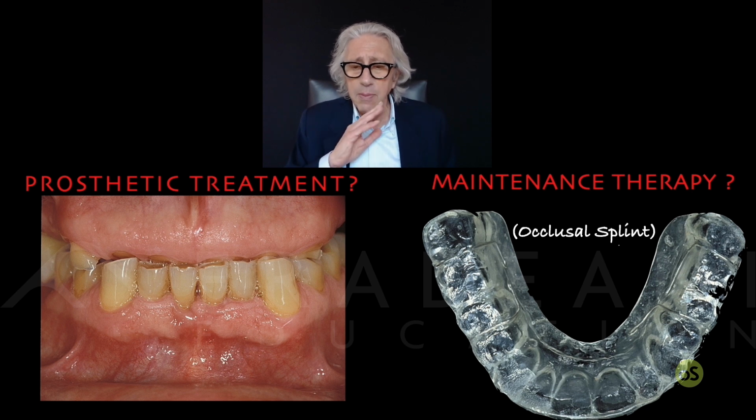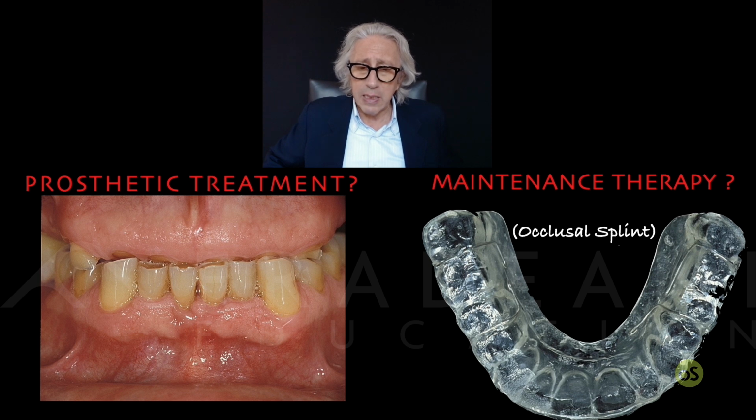This is the same appliance that we can put in any case also to protect the dentition, but at the same time to relax the muscles. You can also use an occlusal splint extended to the molars, also a kind of deprogrammer placed anteriorly. That is the way to decrease the intensity of the muscle activity even more.